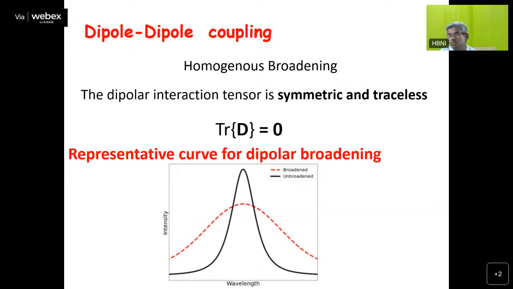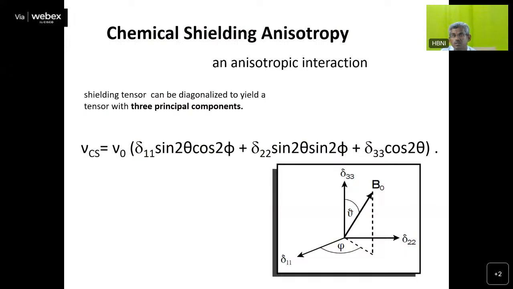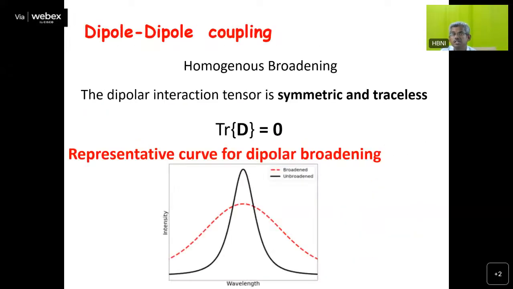Trace is nothing but 1 by 3 into sigma 11 plus sigma 22 plus sigma 33, or 1 by 3 into delta 11 plus delta 22 plus delta 33. Dipolar interaction is a symmetric and traceless tensor, so the trace will be 0, whereas the chemical shift anisotropy is an asymmetric tensor. This is the difference between the chemical shift anisotropy tensor and the dipole-dipole tensor.